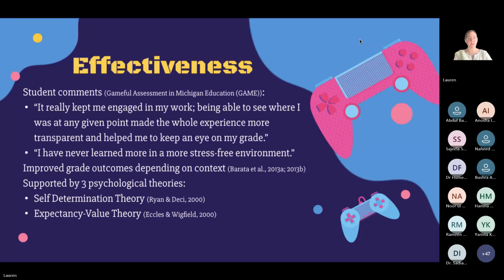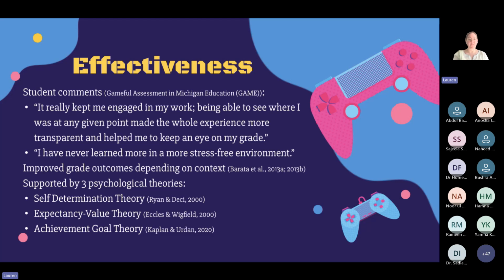So, these three psychological theories, self-determination theory, expectancy value theory, and achievement goal theory, are all theories about human psychology that look at how motivated a person is to do a task, more or less, right? People are more motivated when they have autonomy or choice.